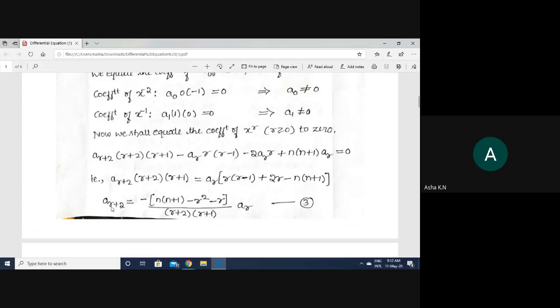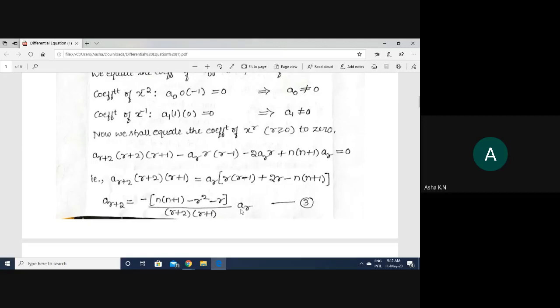If we find, a2 will be in terms of a naught, a4 will be in terms of a2, but a2 in terms of a naught. So all the even suffix terms we were writing in terms of a naught, and all the odd suffix terms in terms of a1, like a3 in terms of a1. We can actually do the reverse also.